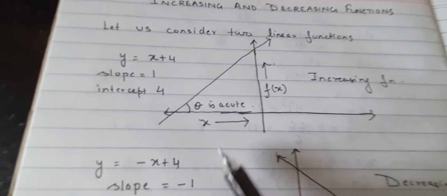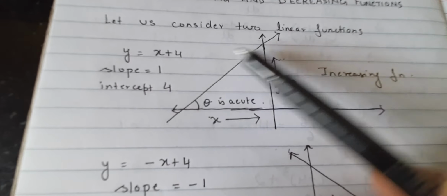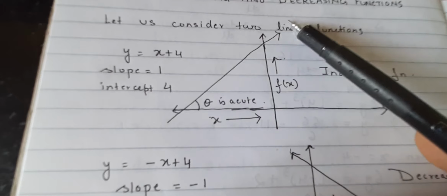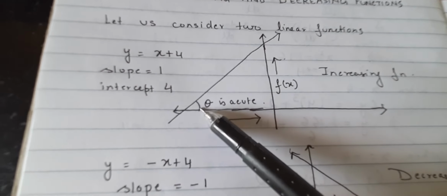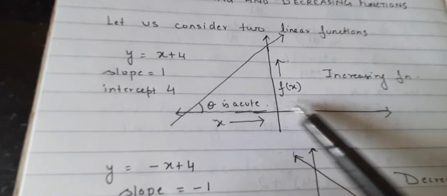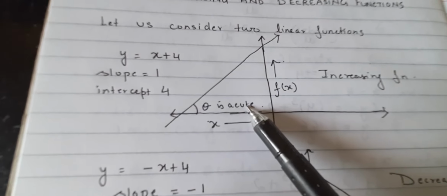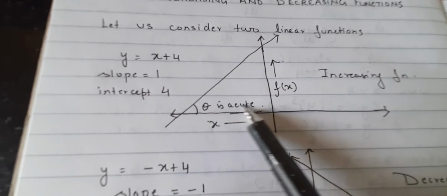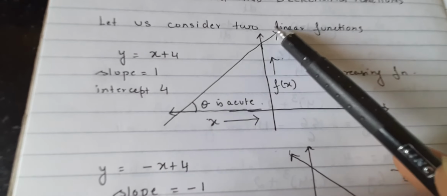When you draw the graph, the intercept is 4 and the slope is 1, a positive slope, that means the line would be something like this, making an angle theta with the positive direction of the x-axis, and theta will be acute. We observe that as x is increasing, f(x) also keeps on increasing.